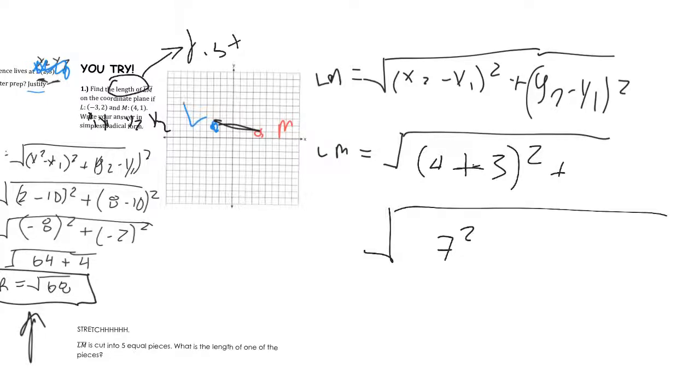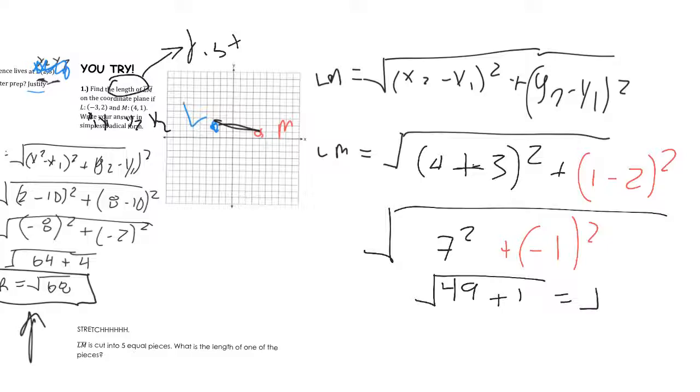All right, let's look at the y's. y2 is 1 minus y1 is 2 squared. 1 minus 2 is negative 1. And I'm going to square that to make it positive. 7 squared is 49. 1 squared is just 1.